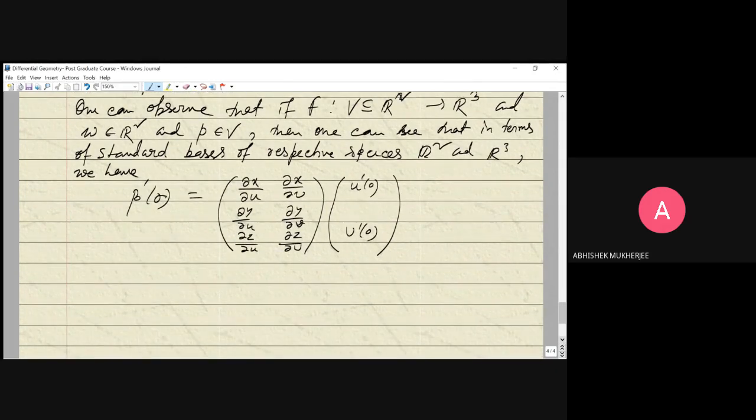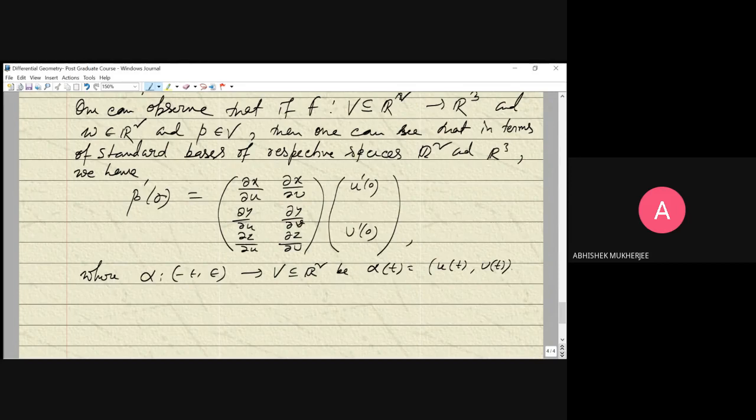Okay. This one, where alpha from minus epsilon to epsilon into V, a subset of R2, is given by alpha of t equals (u(t), v(t)). Okay.